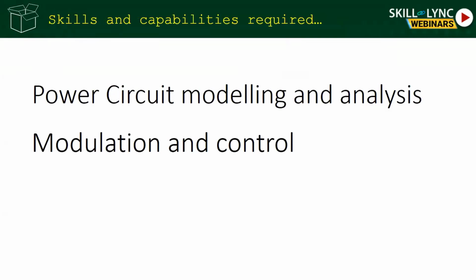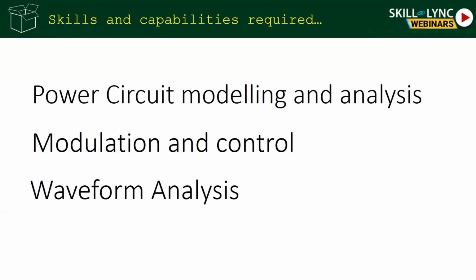He or she should be well aware of the modulation and control, with proper command over the tools and the hardware which can be used, be it a DSP or microcontroller or research level tools like dSPACE. Third one is, of course, the mathematical tools, the waveform analysis. You should be able to quantify the output of your converter in terms of proper parameters, and fine tune those parameters to achieve your control objectives.